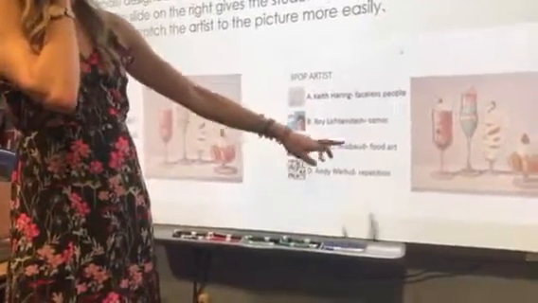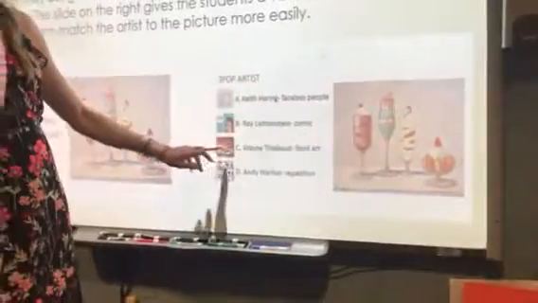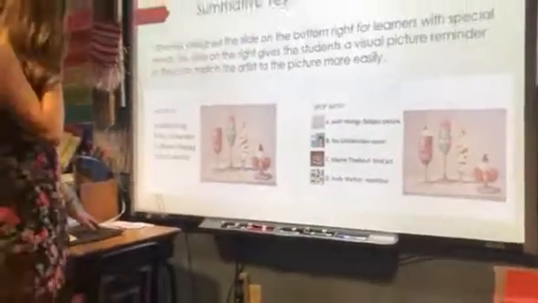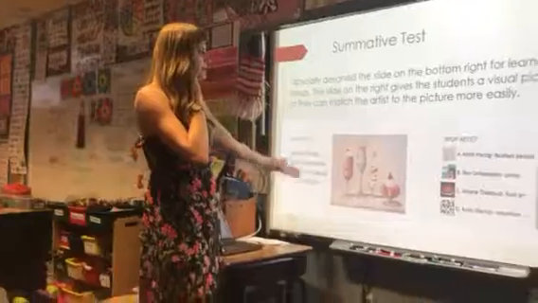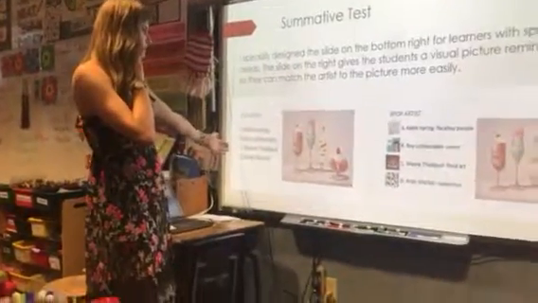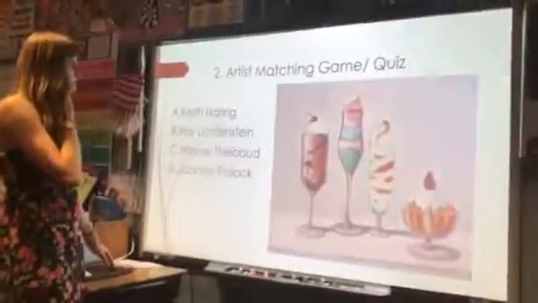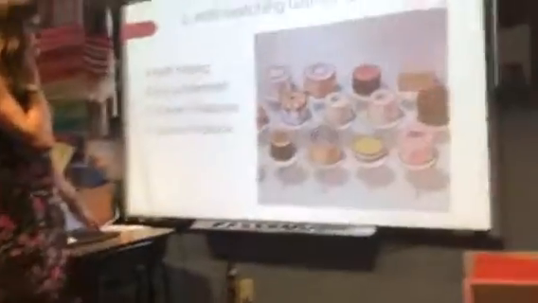So Wayne Thiebaud, since he did food art, you could pair the dessert food art with the cake food art. And then maybe students without special needs could just match the picture with the correct answer. So here's a little example of what I would use.